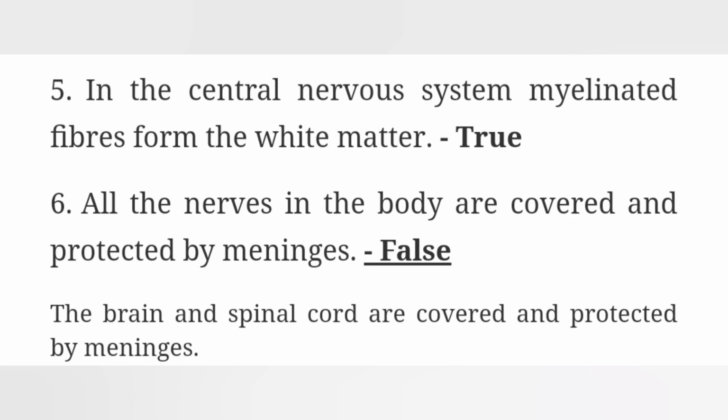Fifth one, in the central nervous system, myelinated fiber forms the white matter. The statement is true. Sixth one, all the nerves in the body are covered and protected by meninges. The statement is false. The correct statement, the brain and spinal cord are covered and protected by meninges.